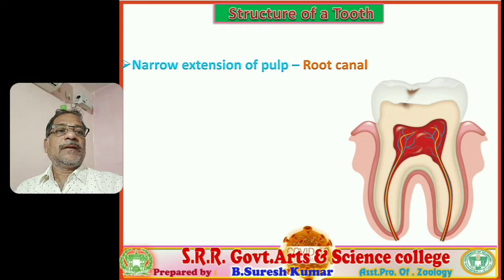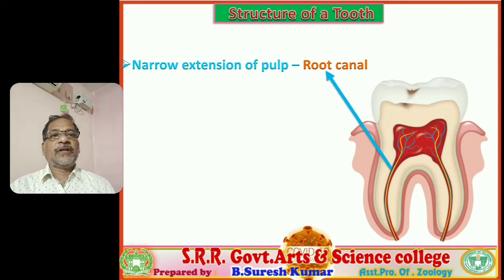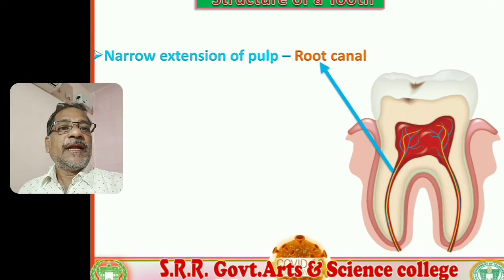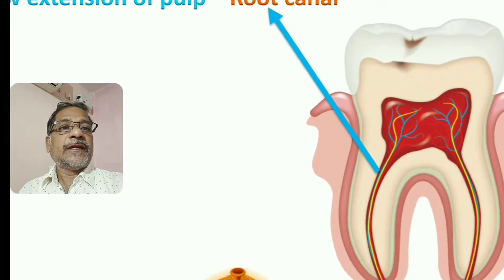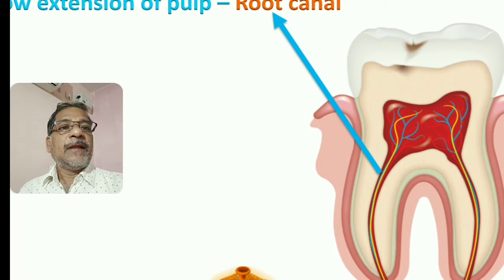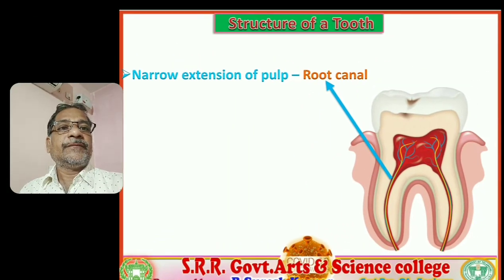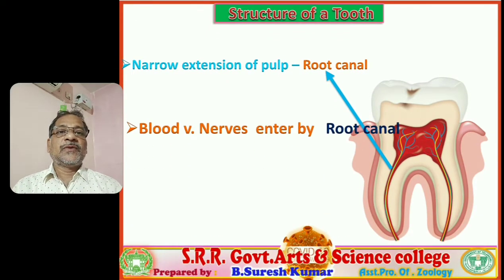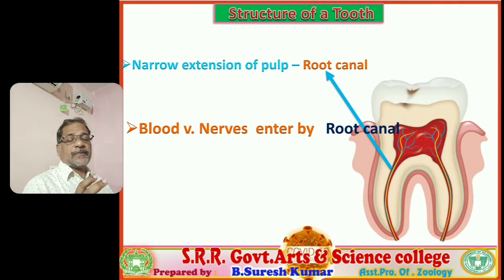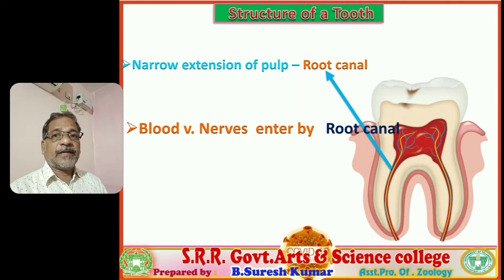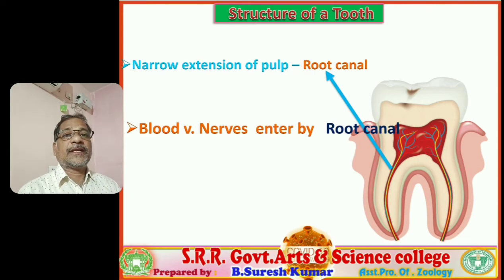Let us see the narrow extension of the pulp called root canal. You observe at the base of the teeth, the pulp cavity extended towards the base. That narrow extension is called root canal. So what is the use of root canal? Did you imagine what is the use of root canal?